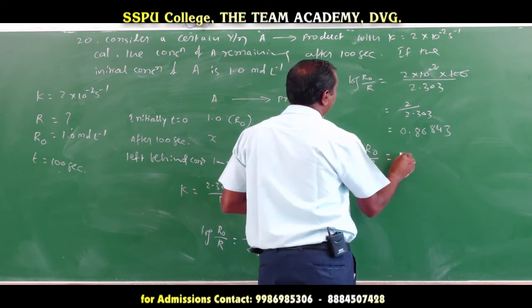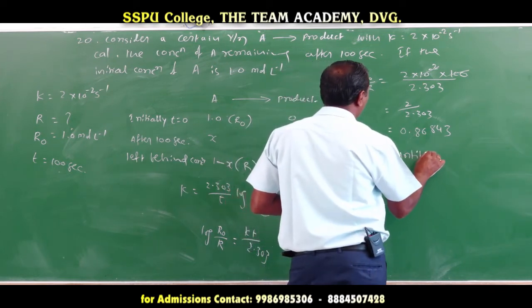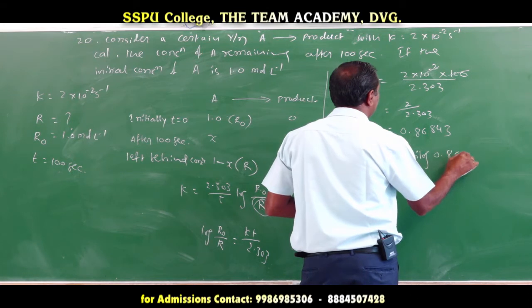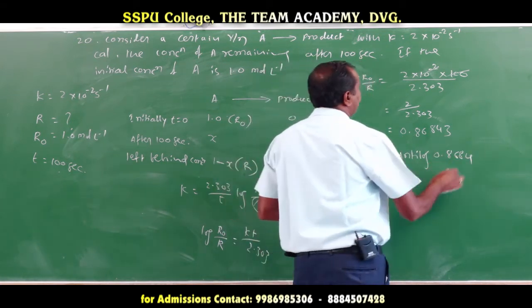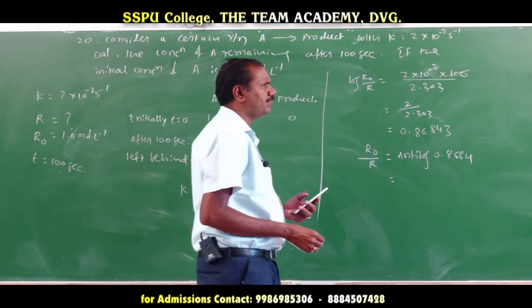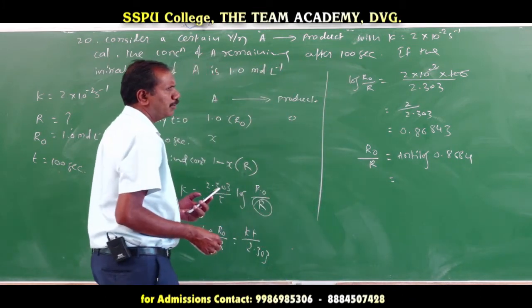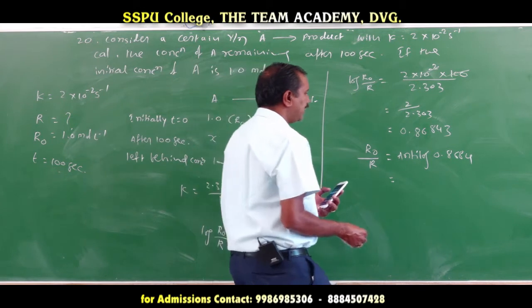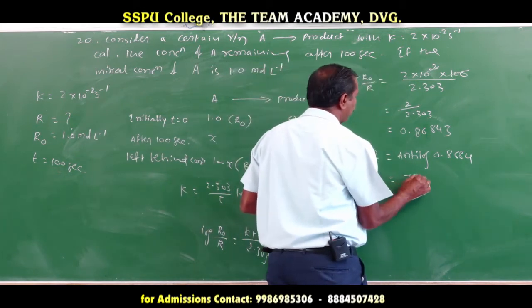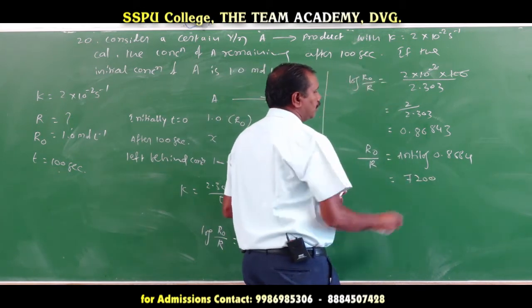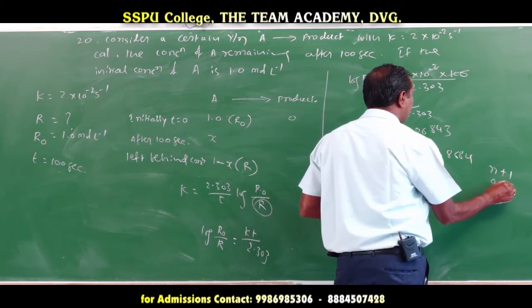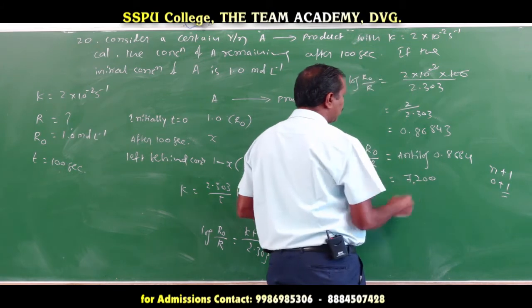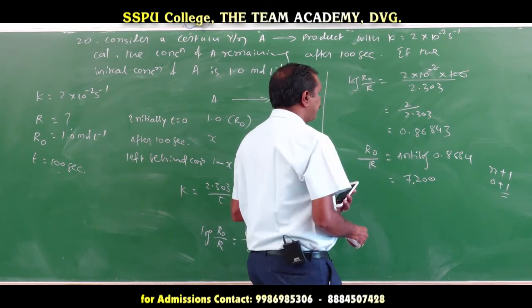That is log R naught by R. If you take the log to the right side, it becomes the anti-log of 0.8684, which is nearly 7200. The characteristic 0 follows the n plus 1 rule, so 0 plus 1 is 1, and after one digit we put the decimal point: 7.2.